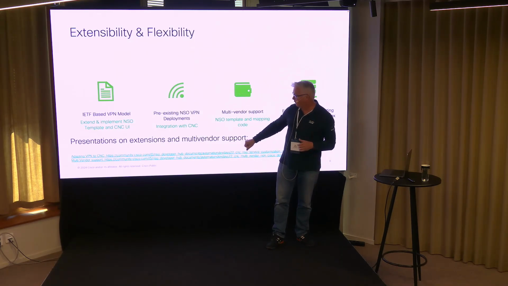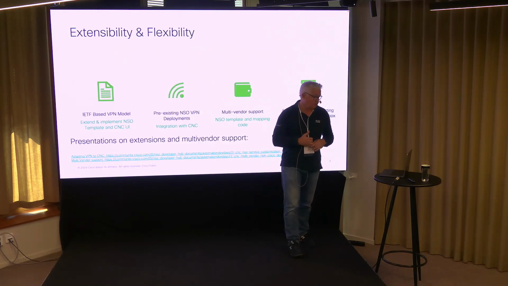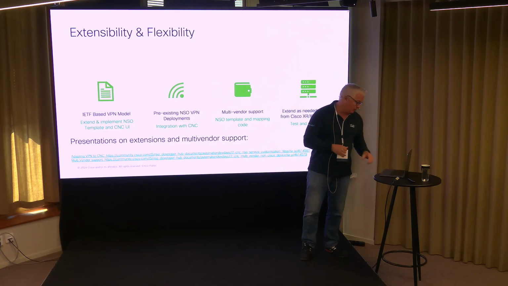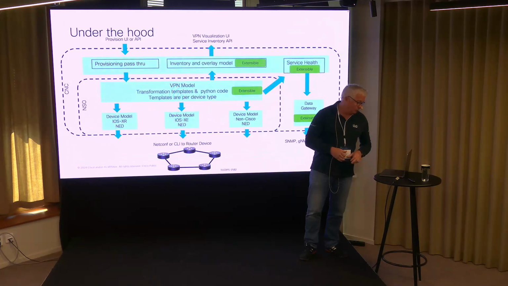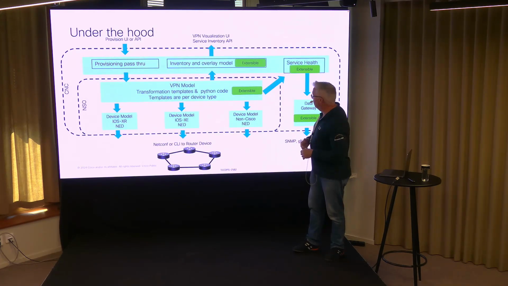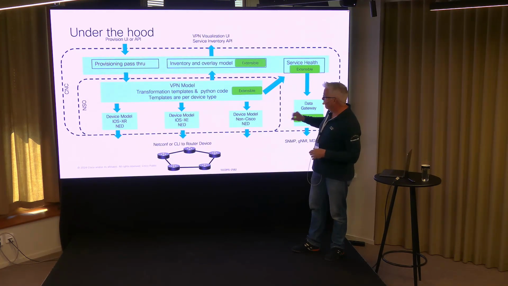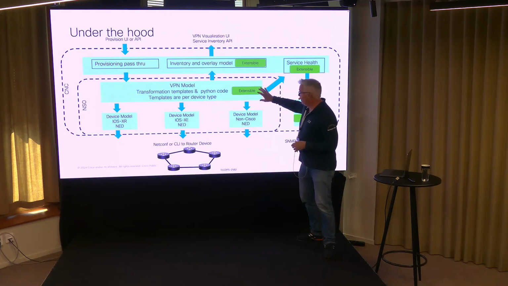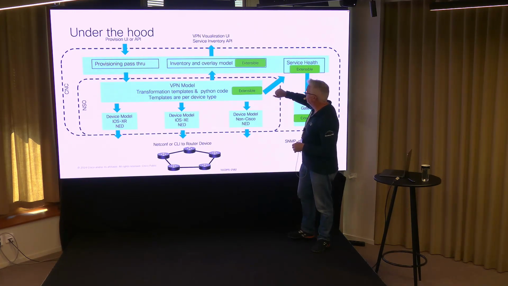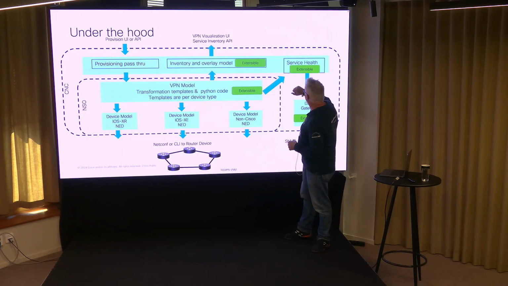So we have a bunch of presentations and more documentation if you want to go into some details. Maybe to answer your question, if you look at CNC itself, you can see where we can extend the model, where you can extend the overlay model, the service model. I have a few slides about it.